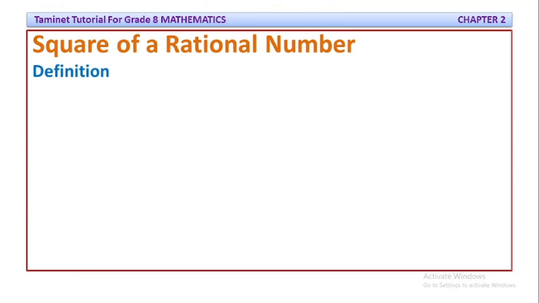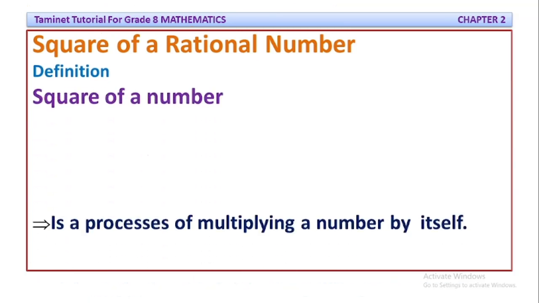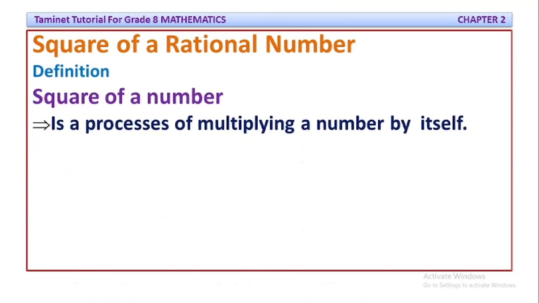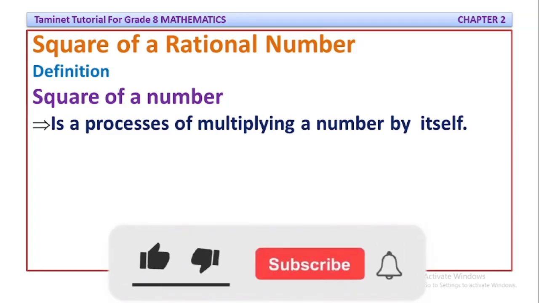Squares of rational number. Definition. Square of a number. Squares of a number is a process of multiplying a number by itself. That means if a given number is multiplied by its own, we can get the square of that number.